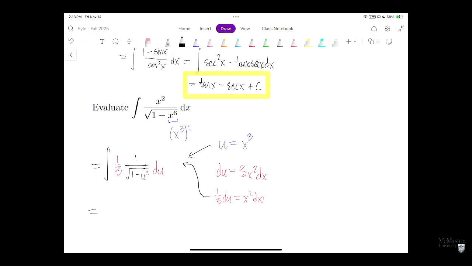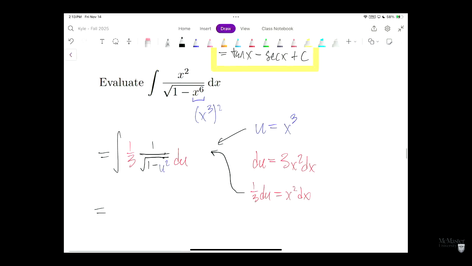Does the different colors kind of help you see where our substitutions are coming in? Okay. So from here, now we can integrate this one really easily. What's this? Yeah, arcsine.